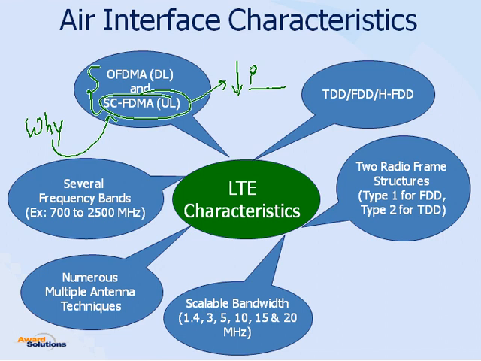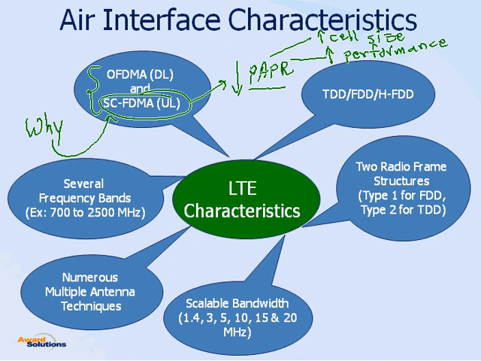Very good, thank you for your answer. So the reason that we have SC-FDMA in the uplink is to reduce the peak to average power ratio. Basically, you can translate that into one of two things: either we are able to increase the cell size, or we are able to improve the cell edge performance. So that is one of the things we are able to do by reducing the peak to average power ratio.